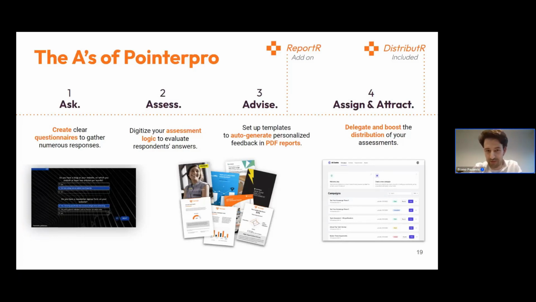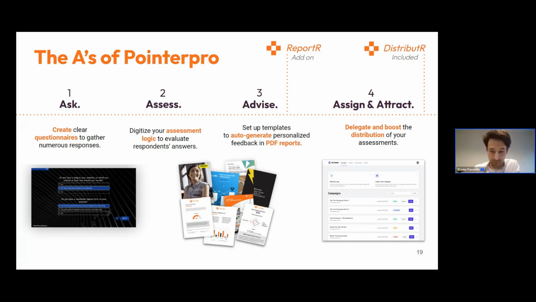Now, coming back to the three official A's of Pointerpro, we recently launched the distributor plan, and obviously you might be asking, okay, how do I get access to this feature? So we've added it as an add-on for the reporter plan, because in all fairness, not all people want to use these kinds of advanced reports, and we don't want to ramp up the price for no reason.